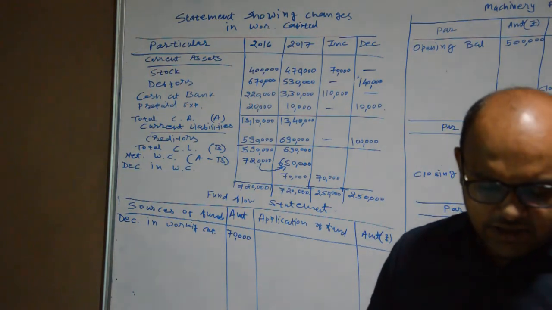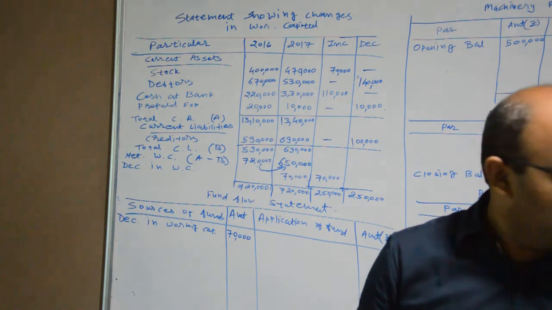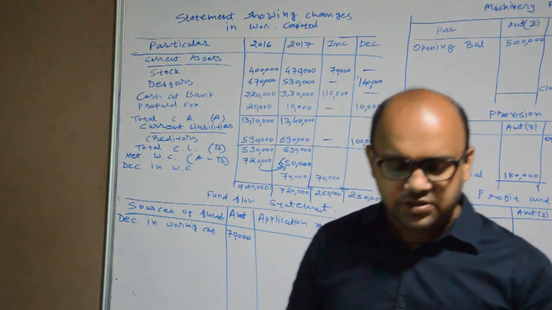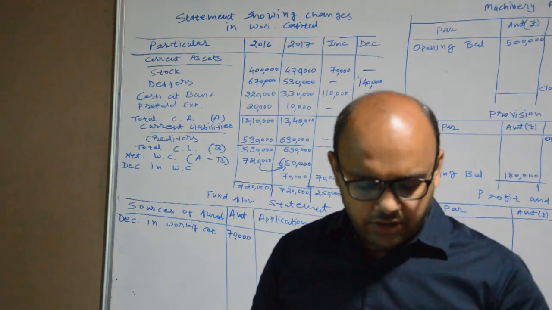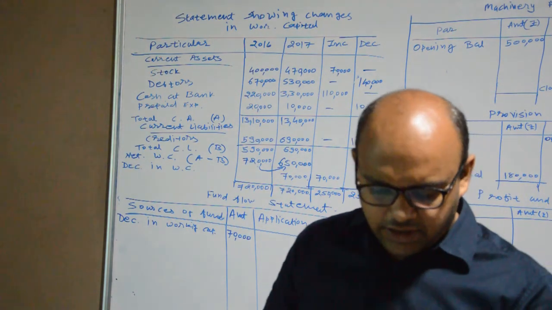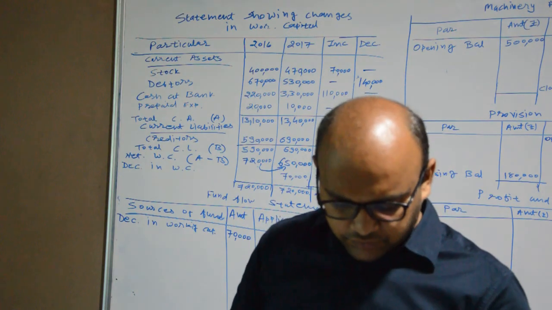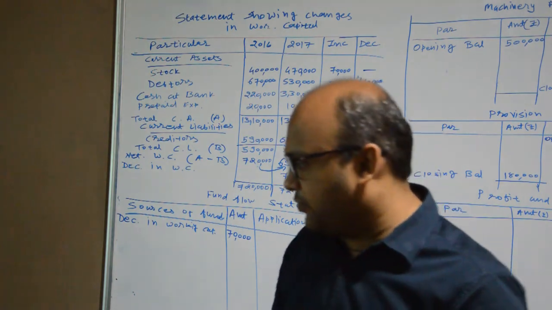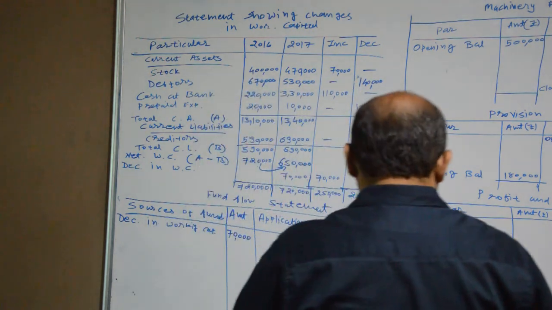First, taxation paid during the year amounting to rupees 1,40,000, and for that purpose we have discussed the journal entry. In the journal entry we have discussed that there will be a journal entry like the following: provision for taxation account debit to cash or bank account 1,40,000.